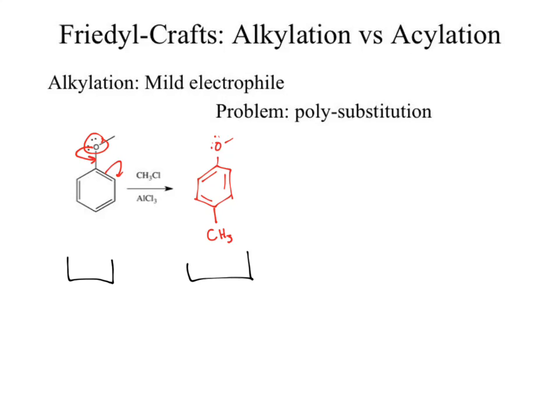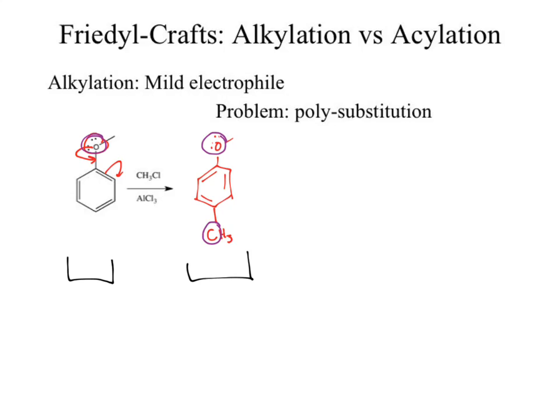In our first structure, we had 1 atom X, our oxygen. In our second structure, what are our atom X's? Got the oxygen and carbon. Those are both activators, meaning our product is now more active than our starting material.